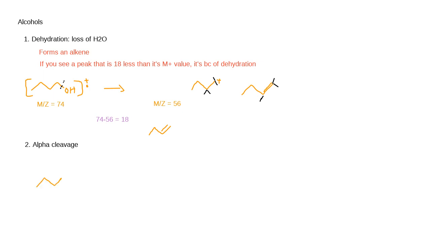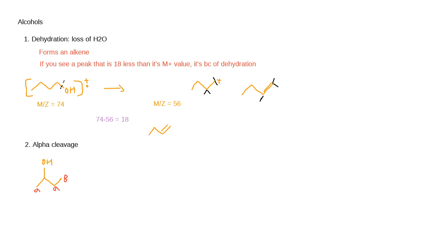So same thing, except this time the alcohol is right here, okay? Wherever the alcohol is, in relation to that, the alpha carbon is right there, and the beta carbon is right here, okay? Now, of course, this is also an alpha carbon, but we're going to pay attention to the right one, okay?